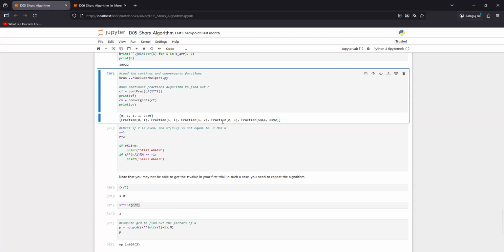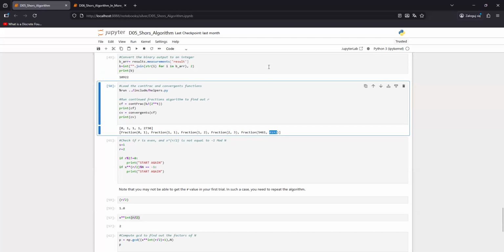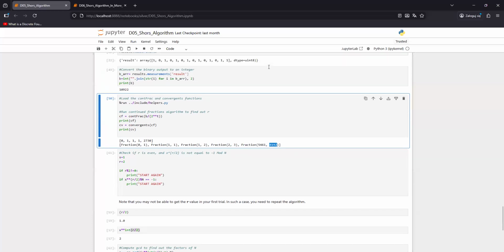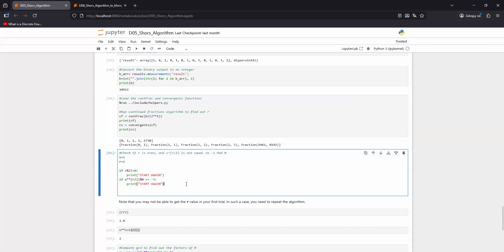So I could switch to 2 divided by 3, which is a more accurate estimation of S divided by R. And here I chose this one, which is very accurate. But on the other hand, I was unable to use it because of the computational power of my personal computer, yes?